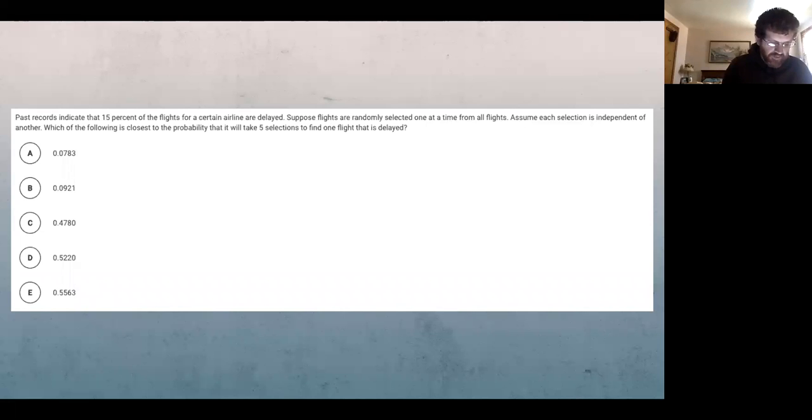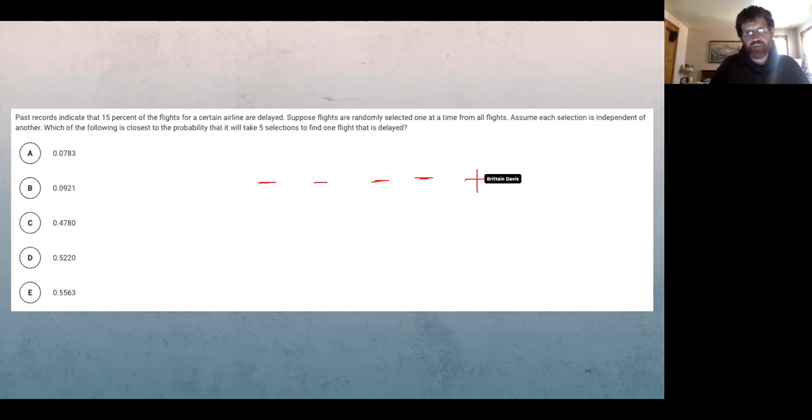So I'm going to get not delayed, not delayed, not delayed, not delayed. On the 5th one, it is delayed. That is the outcome that I want. So this is a geometric distribution, a geometric probability that on the fifth selection I will find the delayed flight.